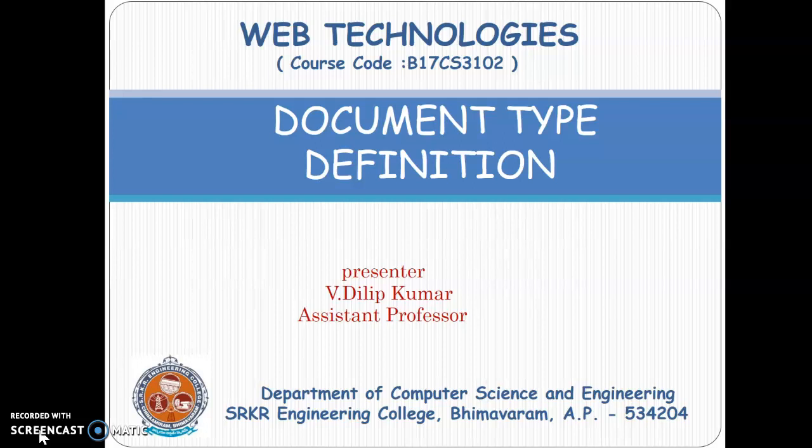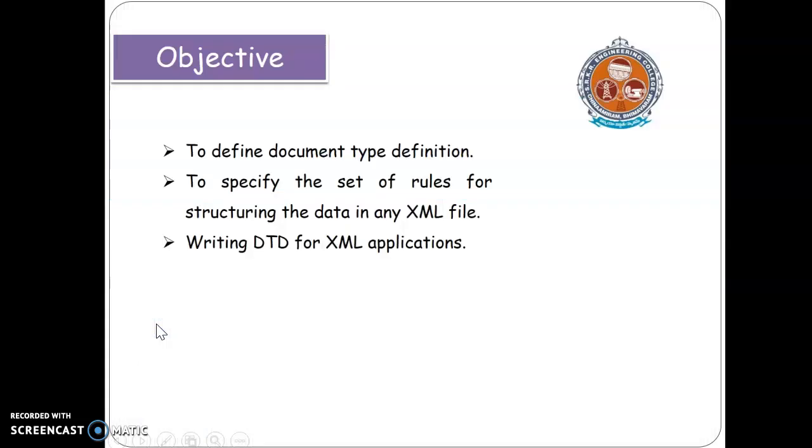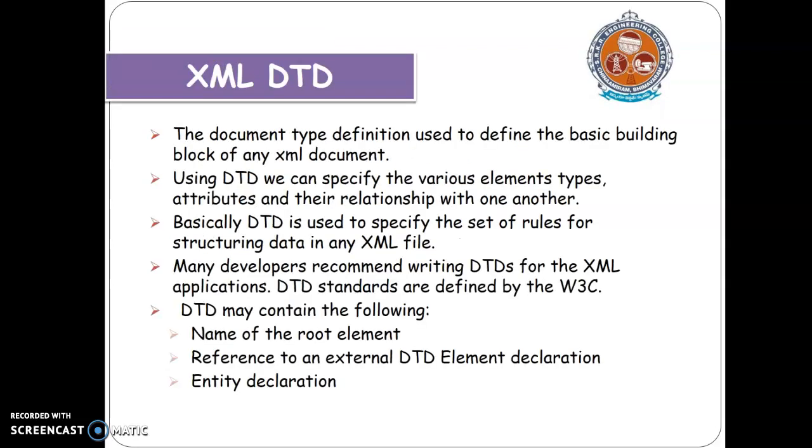In this video, we are discussing the XML document type definition. The objective of DTD is to define the document type definition and to specify the set of rules for structuring the data in any XML file, writing DTD for XML applications.